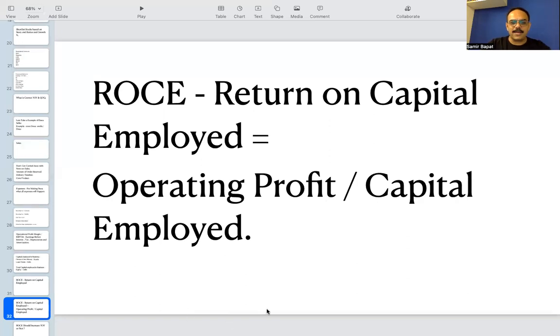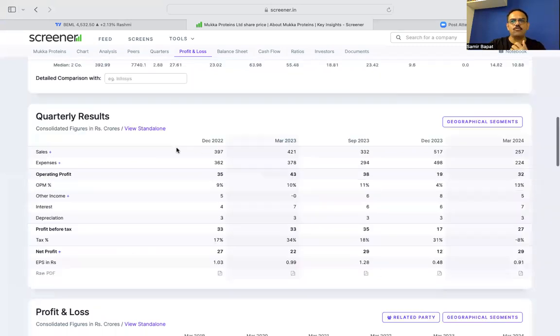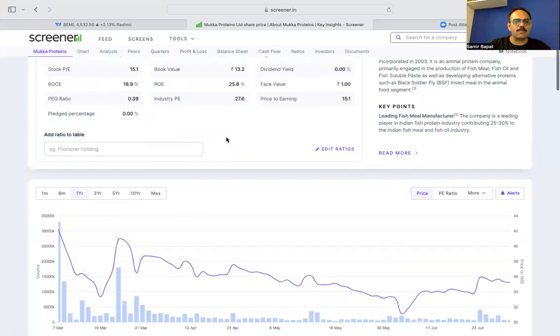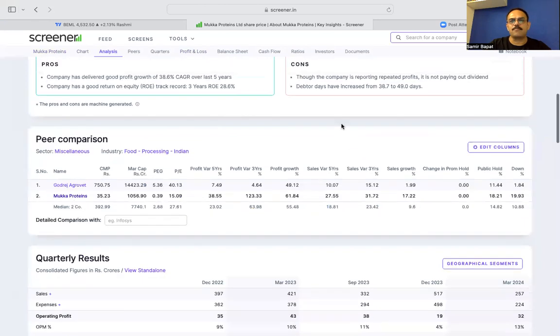How you should go back is open this account in Screener and go through a lot of manufacturing industries. For example, take Mukka Proteins. You have different peer companies: Godrej, Acrovet, Mukka Proteins.